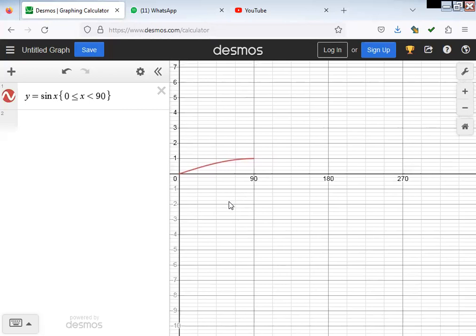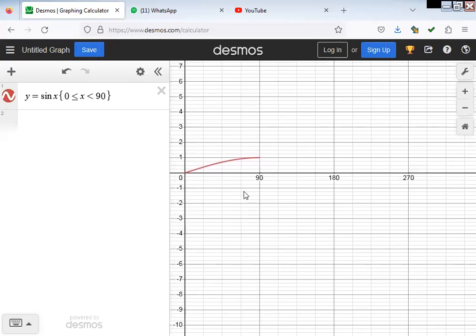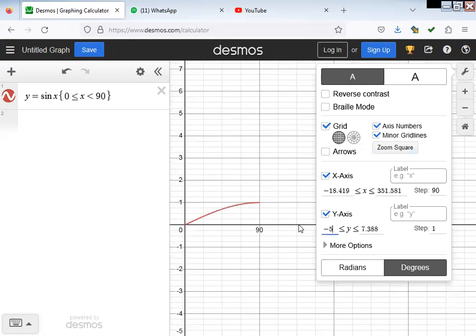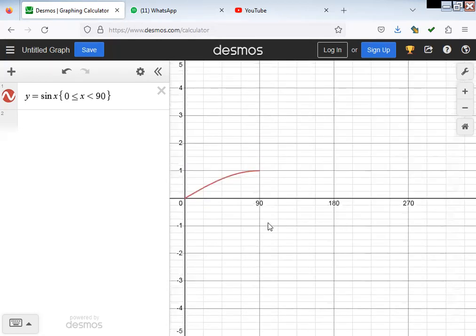So this must be the variation of sine from 0 to 90 degrees. Is that right?